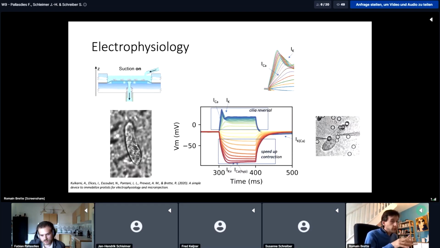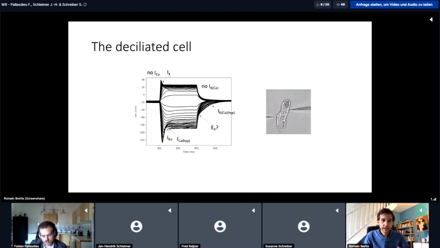So what we're doing is, instead of using pharmacological manipulations, we use some other type of isolation, which is mechanical isolation. So the first thing we do is to remove the cilia. In fact, the calcium channels are in the cilia.